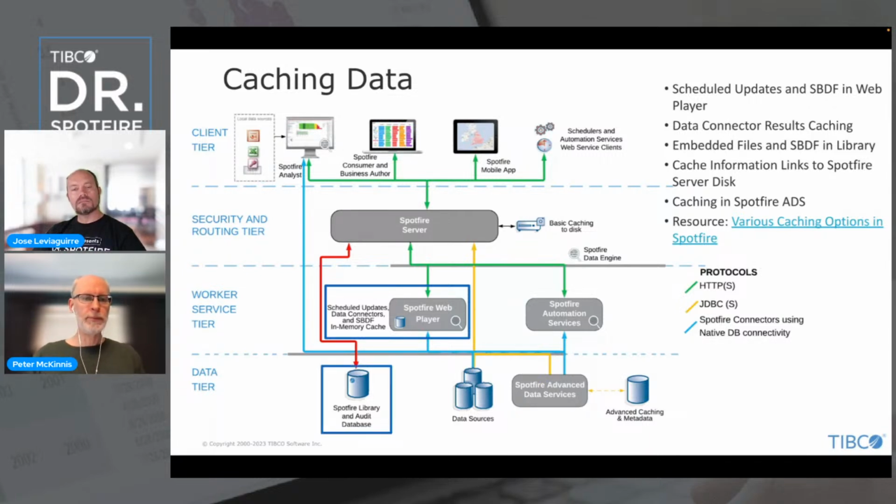You can also store embedded Spotfire files, or SBDF files, in the Spotfire library. Those aren't queryable, but they can be reused across analyses. A good example for the Spotfire binary data file is when you are creating monthly reports, and you can just use automation services to extract all that data, put it in the binary, and then have another report consume out of it.